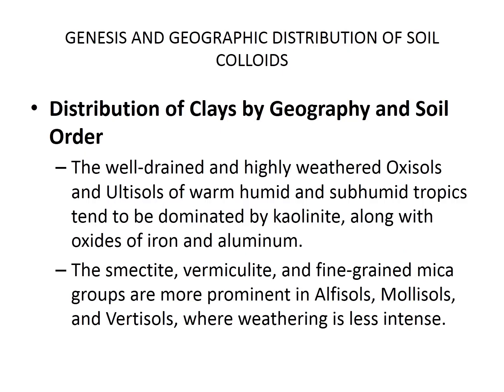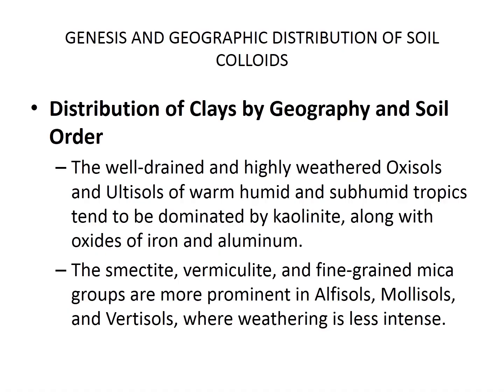Okay, the highly weathered oxisols and ultisols in high rainfall areas in the tropics tend to be dominated by these kaolinites. But as you've seen with our soil horizonation material, they also tend to have a lot of oxides of iron and aluminum. The smectites and vermiculites and fine-grained micas are most predominant in alfisols, mollisols, and vertisols.